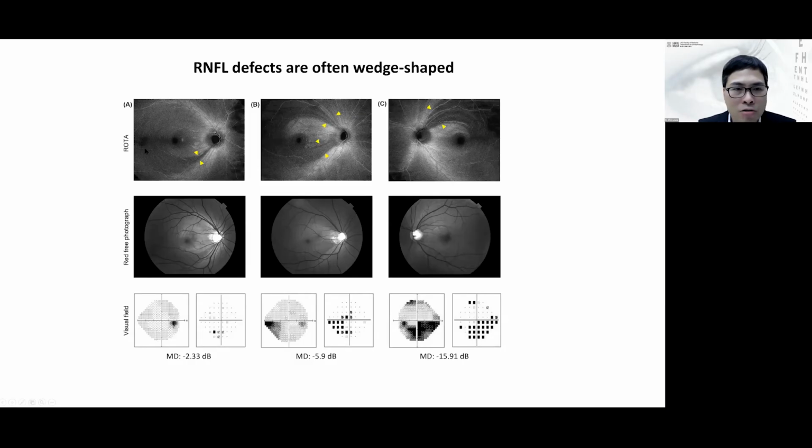So you can see a triangular shape pointing towards the optic nerve head in all these examples. Before we had OCT, we relied on red-free photographs to image the retinal nerve fiber layer. But with ROTA, we have a better ability to appreciate retinal nerve fiber defects in glaucoma and also in non-glaucomatous optic neuropathies. So notice the wedge-shaped configuration of retinal nerve fiber defects in this example.